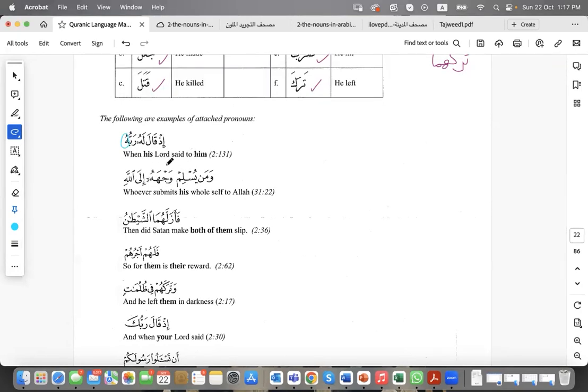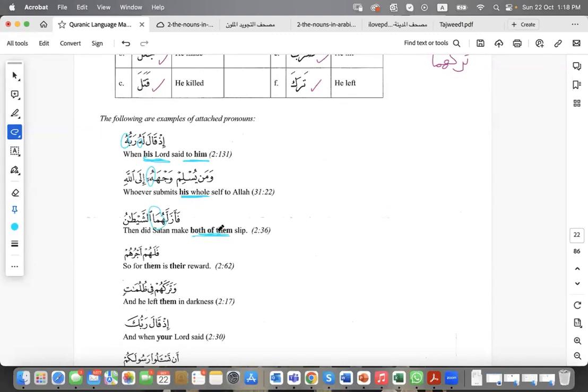When his Lord said to him. And to him here, this ha, له, to him. طب ومن يسلم وجهه إلى الله. وجهه, his face أو his whole أو his self. فأزلهما الشيطان.